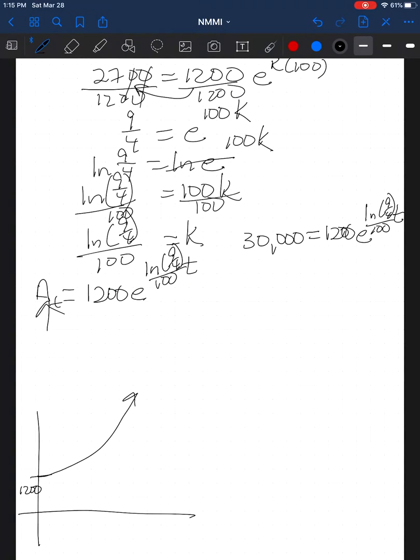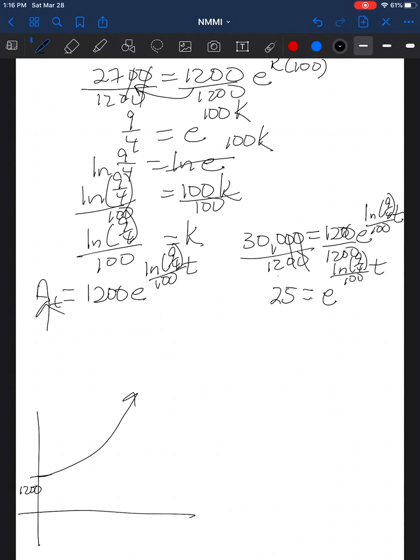All right, so similar to how we solved for k, we're going to divide both sides by 1,200. And let's see, that's 50 over 2, which is 25, equals e to the ln of 9/4 divided by 100 t.